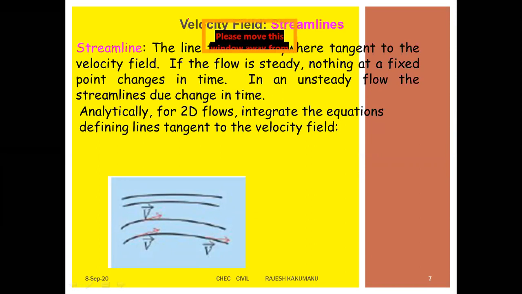The streamline is the line that is everywhere tangent to the velocity field. Wherever you take a curve, at every point it makes a tangent.